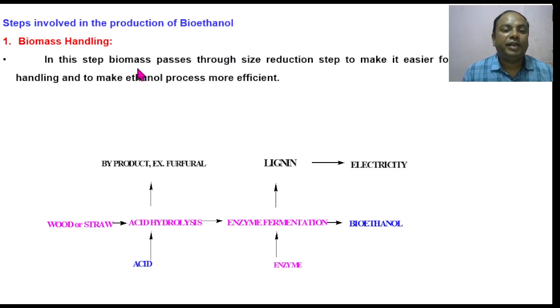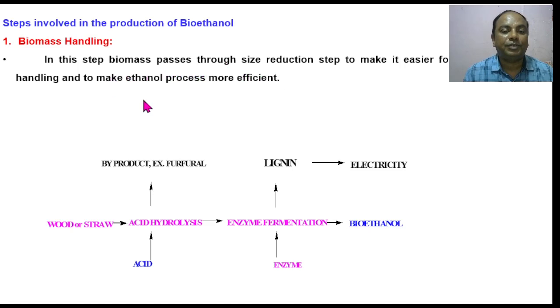That is why this biomass needs to be processed, chopped, cut down, or made smaller in size, so that it is easy for handling. Whenever the size of any raw material becomes smaller, the surface area increases, and whenever the surface area increases, whatever process we are doing on it would be efficient.